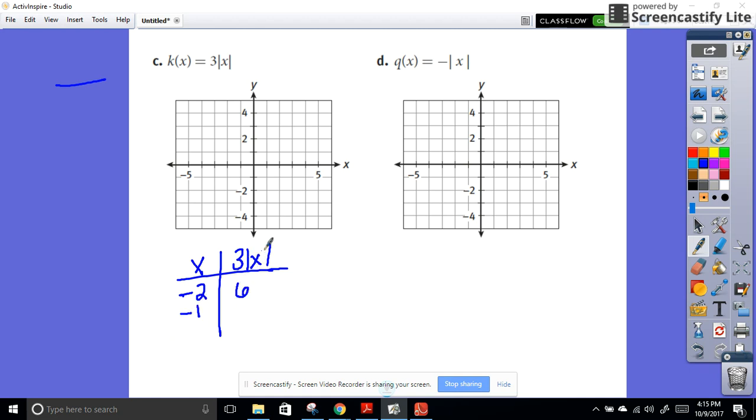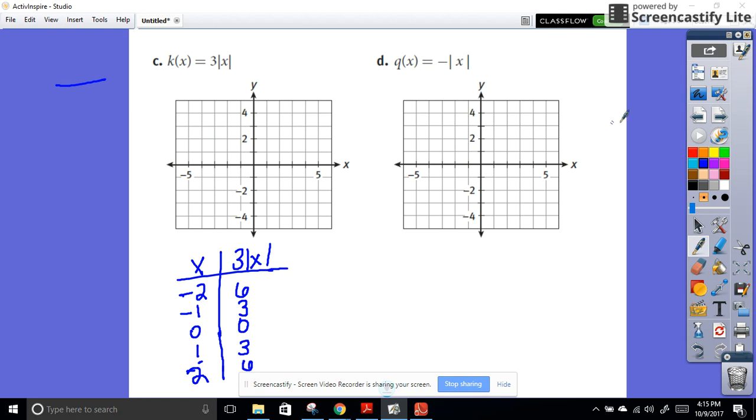Plug in -1. The absolute value of -1 is +1. +1 times 3 is 3. Absolute value of 0 is 0. 0 times 3 is 0. Absolute value of +1 is 1. 3 times 1 is 3. Whoops, that should be a +2. The absolute value of +2 is 2. 2 times 3 gives me 6.